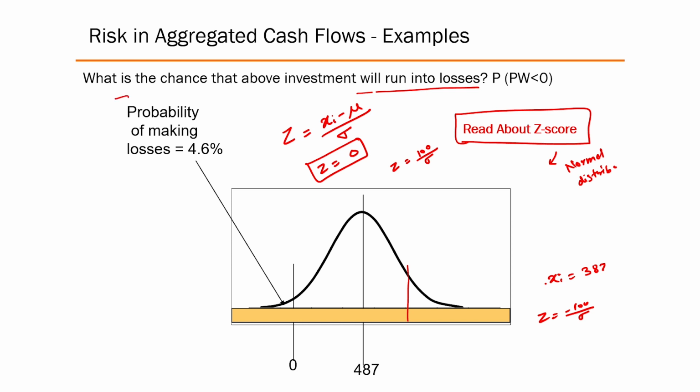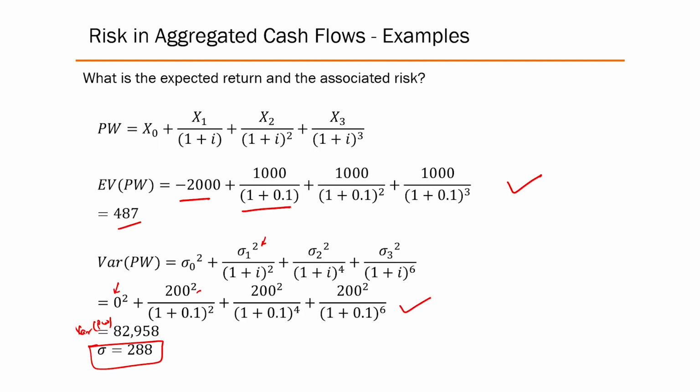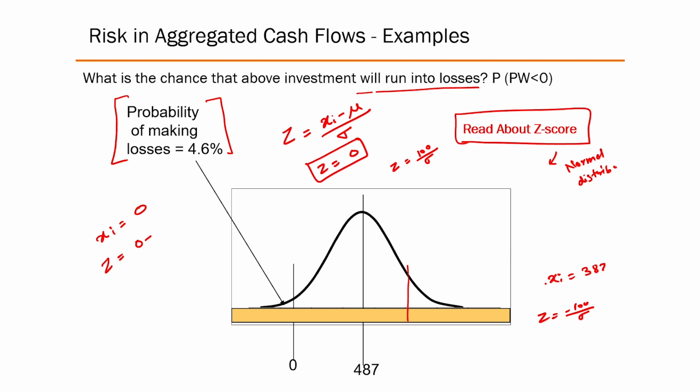So, coming back to the question, what is the probability of making losses? So your X will become what? Losses is less than 0. So X is 0. Corresponding to that, the Z score would be what? 0 minus 487 divided by 288.